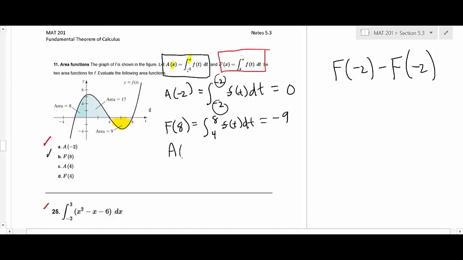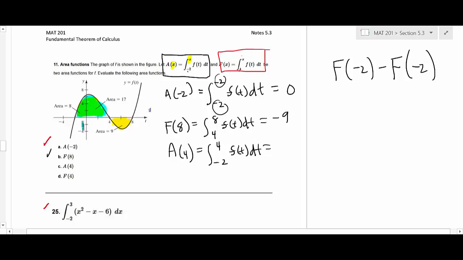Next one, A of 4. We're going to go to this first integral, from negative 2 to 4 of f of t dt. Let's see if we can put this together. It looks like you've got the area right there. Is that going to be positive or negative?